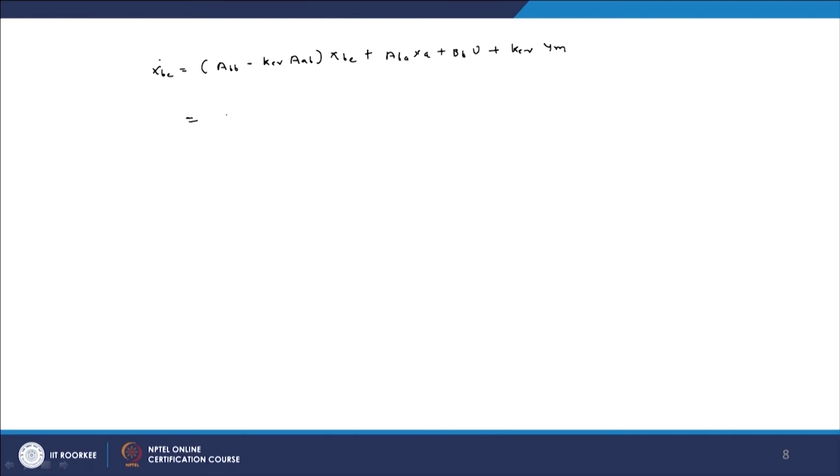That means this can be written as ABB minus KER AB into XBE, here ABA into XA, here BB into U, and this KER, this Ym is XA dot minus AAA XA minus BA into U.